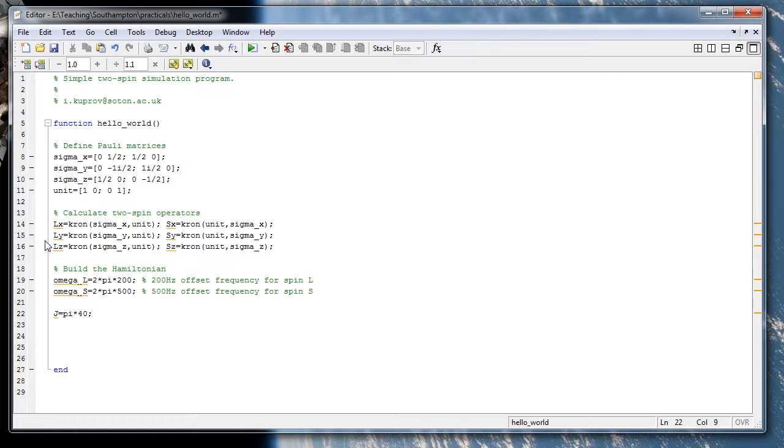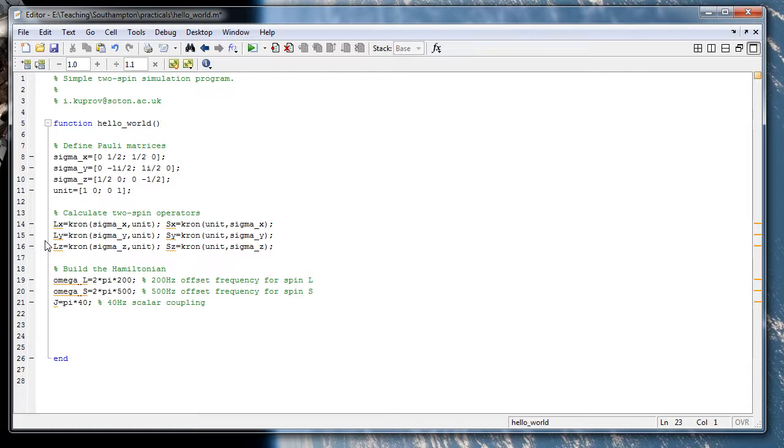It's an important thing to note because, well, this is one of those historical conventions, and they just have to be obeyed. Right, so that will be a 40 Hertz scalar coupling between the two spins. And we'll just put it in there.